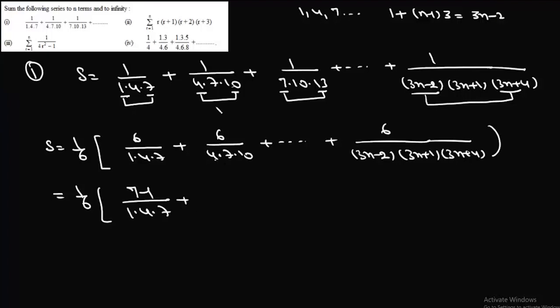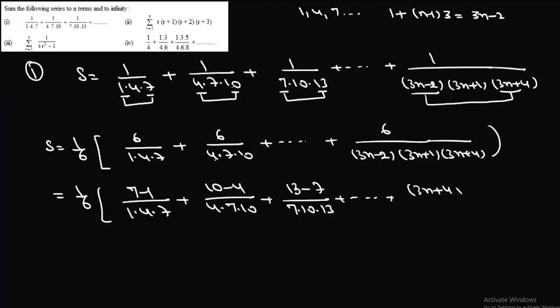Here we'll write this as 10 minus 4, upon 4 into 7 into 10. Here it is 13 minus 7, upon 7 into 10 into 13. And here it is 3n plus 4 minus 3n minus 2, upon 3n minus 2, 3n plus 1, 3n plus 4.